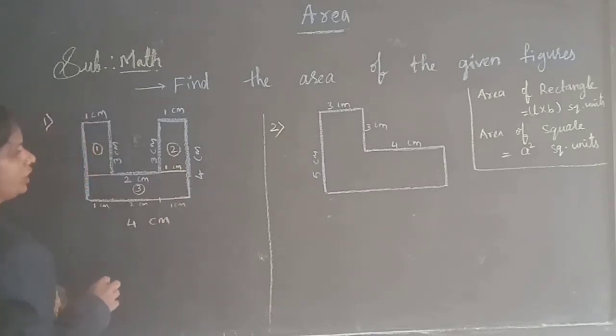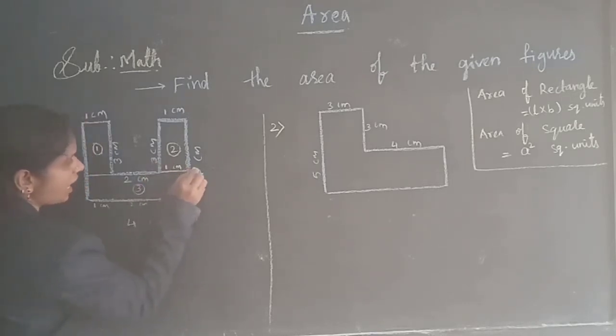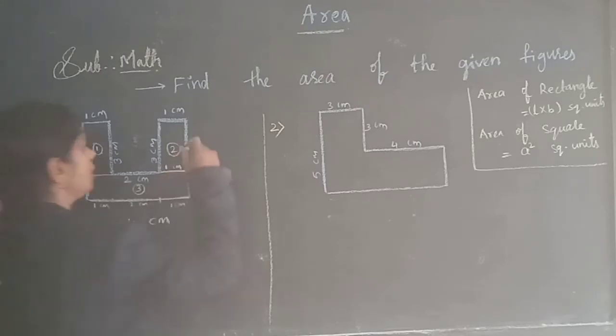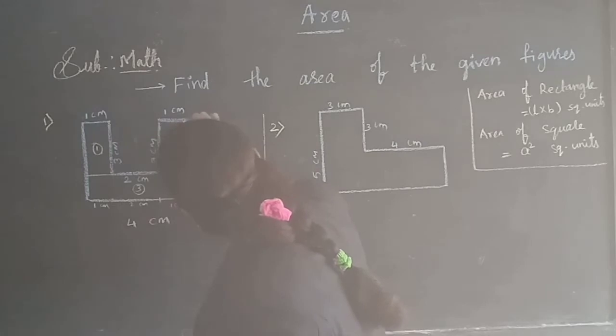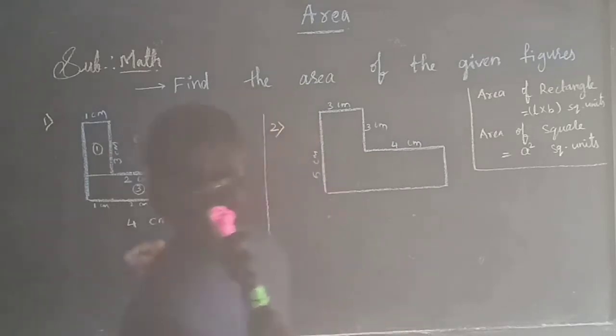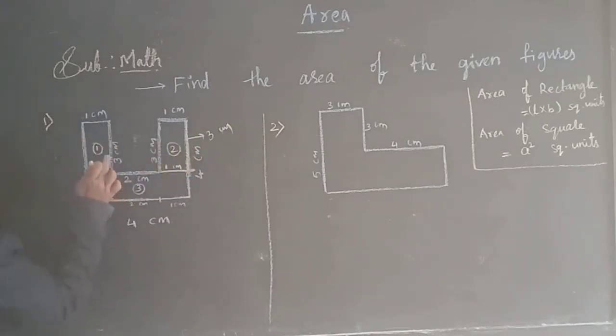Now here 3 centimeters, up to here, children, will be this side length. See, I am drawing here, up to here 3 centimeters, and here also the opposite side is 3 centimeters.